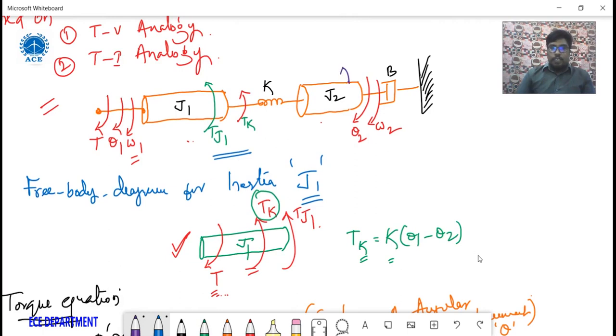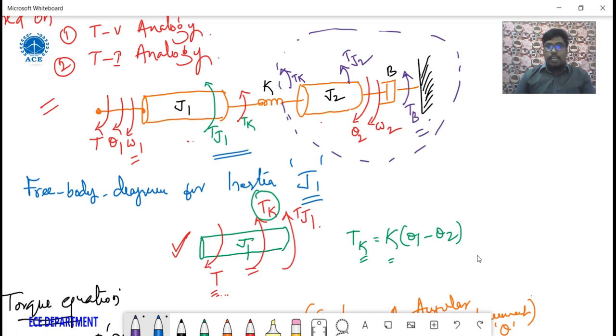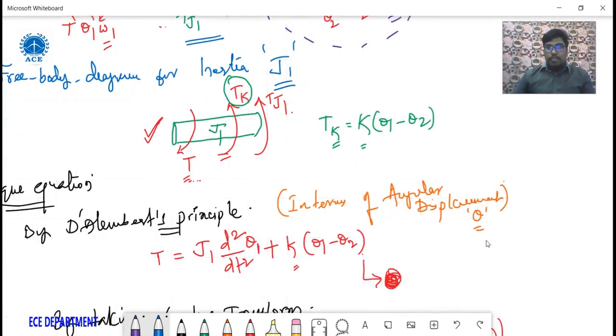TJ2 is an opposing torque. TK, since it is connected between J2 and J1, is also opposing. Again this one is opposing, TB. Here, see the dotted lines, there is no externally applied torque connected to inertia J2, so the externally applied torque becomes 0.